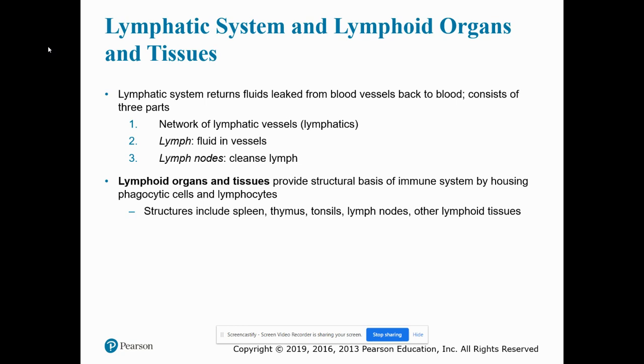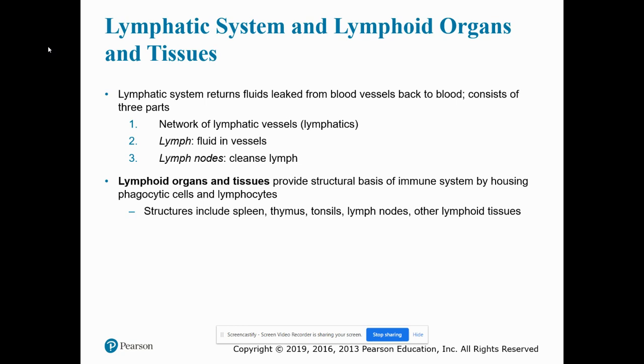When you get back towards the venous side of the capillary bed, that's where the fluid gets picked back up. About 20 liters leaks out, and only about 17 liters comes back in, which leaves 3 liters of fluid. The lymphatic system is going to return this 3 liters of fluid back to the blood.